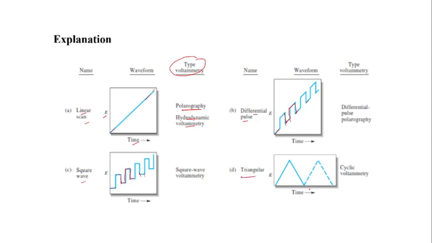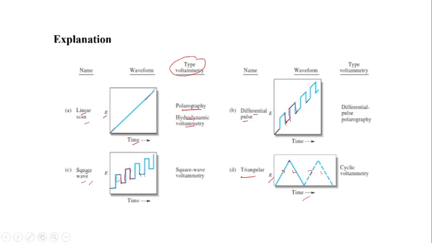Then triangular, already explained, E versus time: you increase voltage to a certain point, then it decreases, and it continuously goes on. So these are the types of scans used in voltammetry, and different types of voltammetry are named on the basis of them.